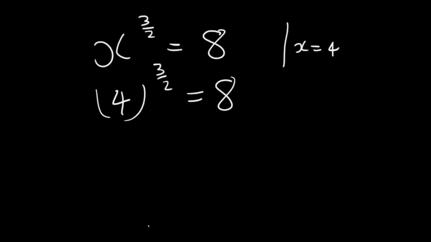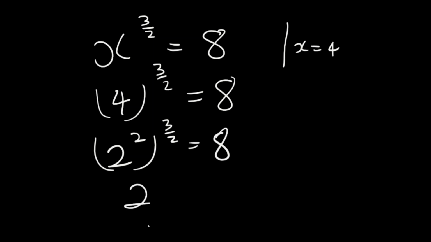So this is 4 to the power of, actually let me change the 4 to become 2. So it's going to be 2 to the power of 2, all to the power of 3 over 2, is equal to 8. 2 to the power of 2 times 3 over 2.